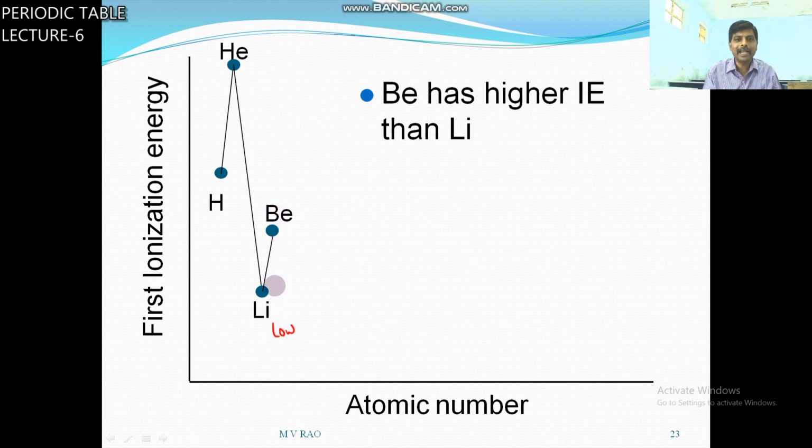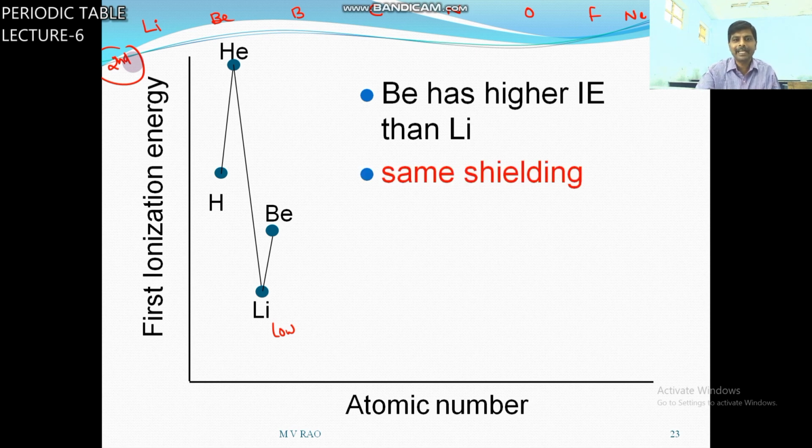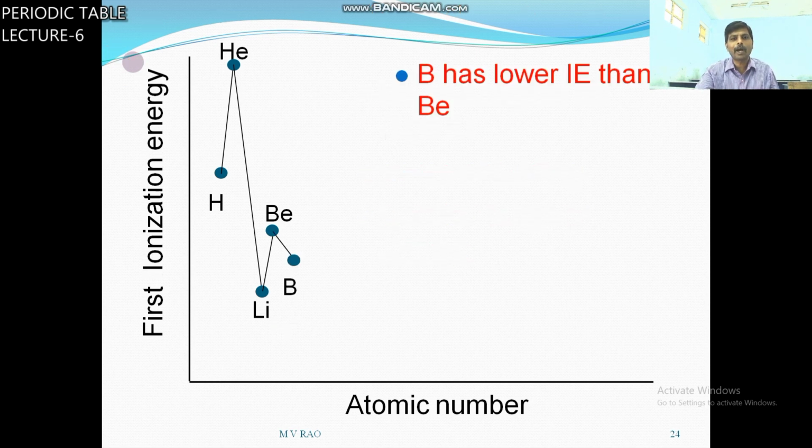Next, beryllium. You are coming lithium, beryllium, boron, carbon, nitrogen, oxygen, fluorine, neon. These are the elements of the second period. Lithium to beryllium increases. Beryllium to boron decreases. This point is important. Beryllium to boron IP value decreases.